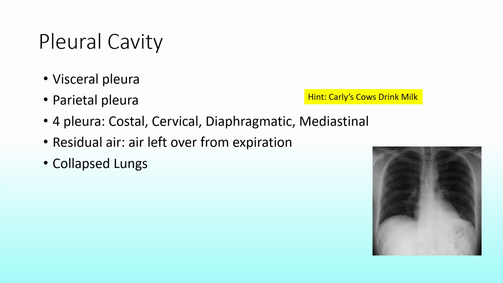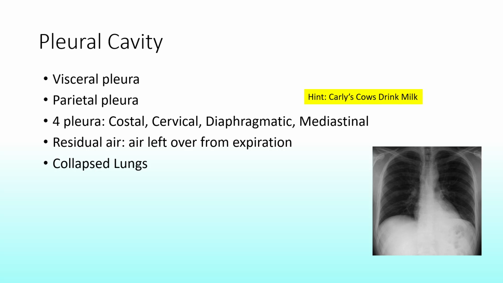As you can see here, this is a picture of an X-ray with a lung that's collapsed. An important feature of that is also residual air, which is air left over from expiration.